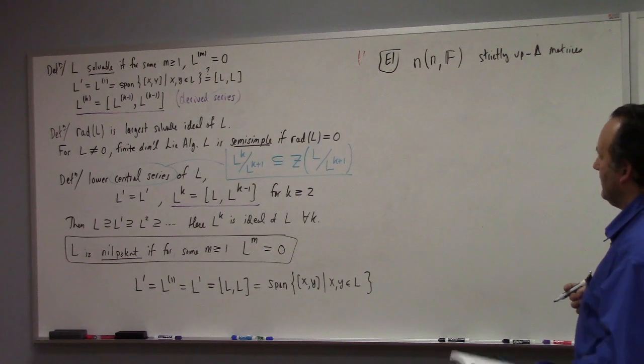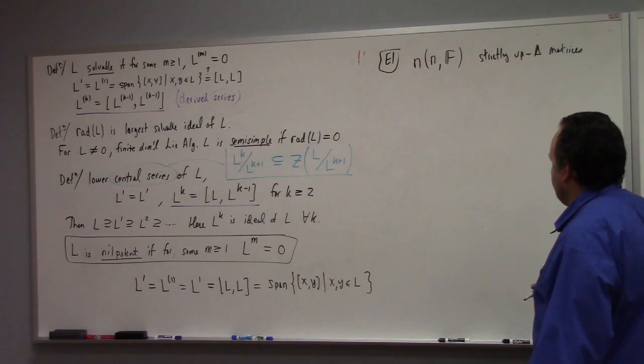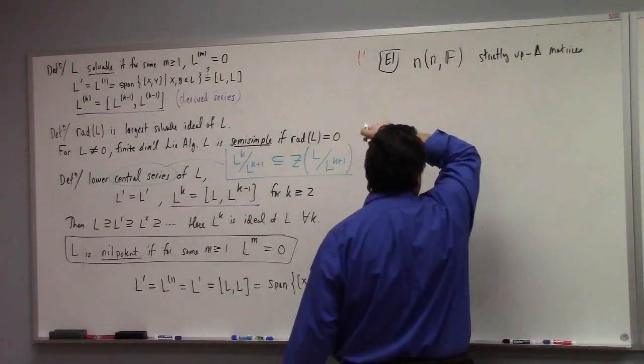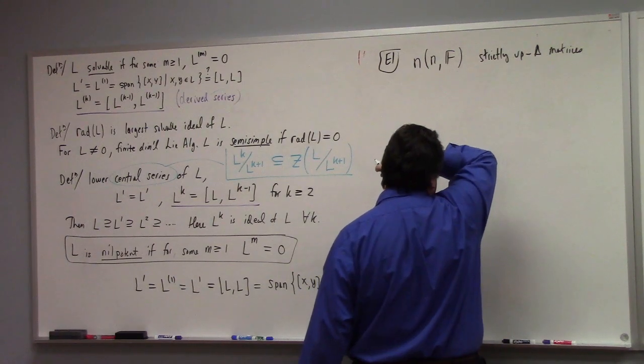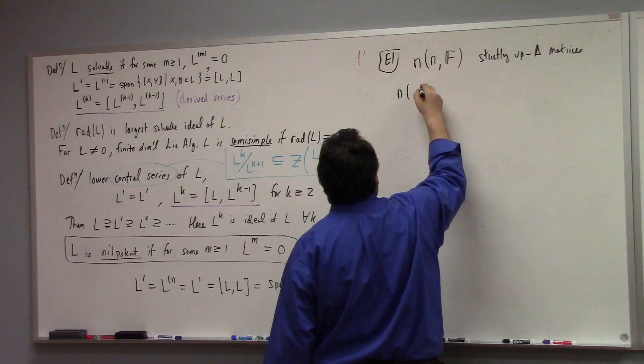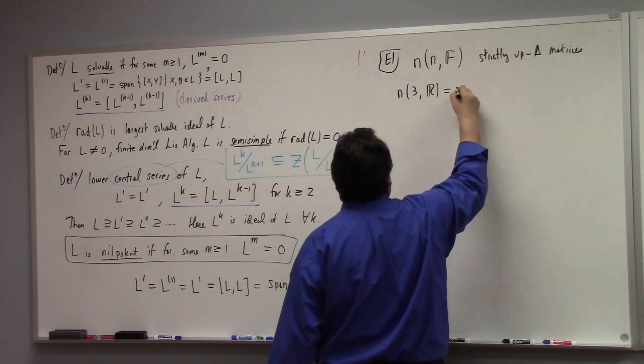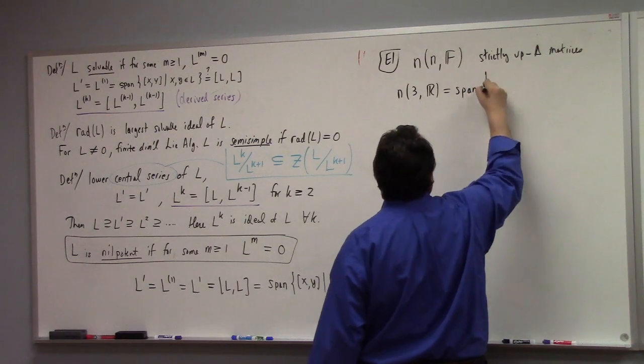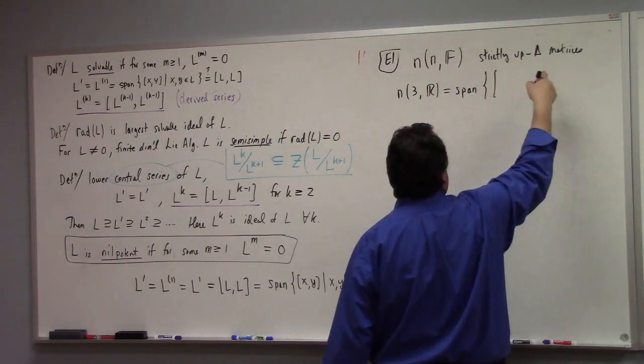So let's look at it for a second here. This would say we're looking at n_3 over the reals, right? We're talking about the span of what? Strictly upper triangular.